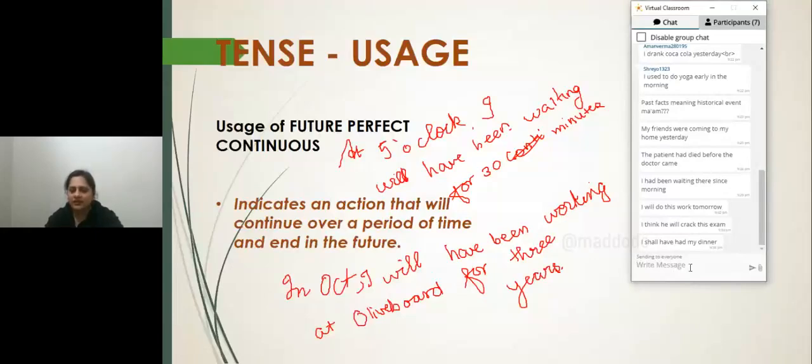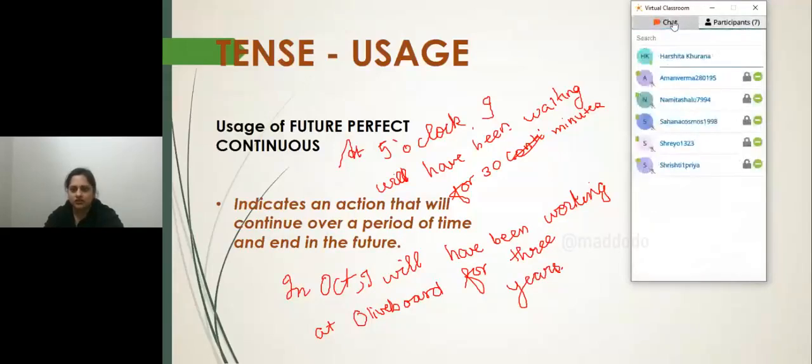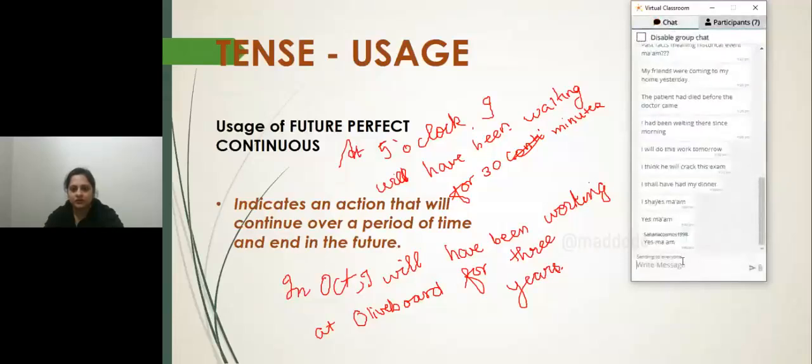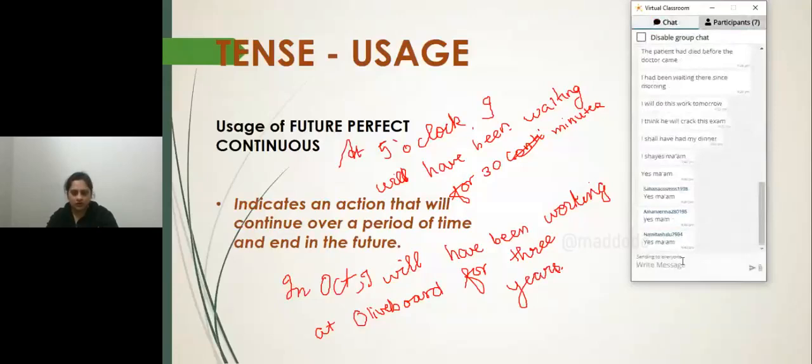In our grammar exercise classes, I'll add questions of tenses also, so then you'll know whether you are able to apply the rules and usages or not. In the grammar practice sessions, 3 to 4 of them, I'll be doing questions with all of you to help you better understand.